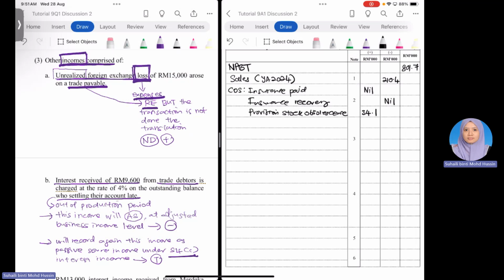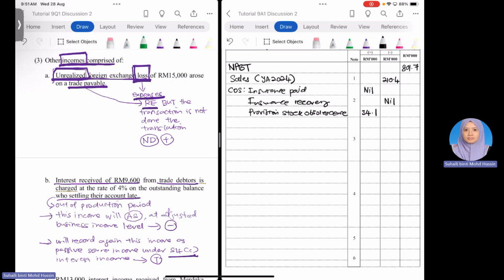However, the amount is still unrealized, which means you have not yet recognized the amount. The transaction is not yet finished. So in taxation, when you cannot recognize the amount, it is not allowed for the deduction.